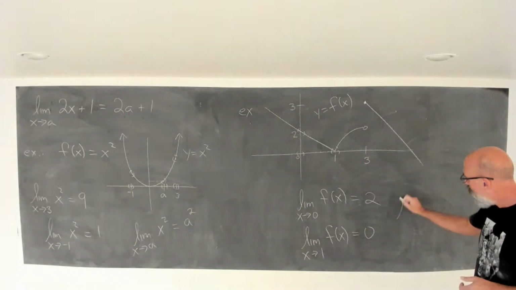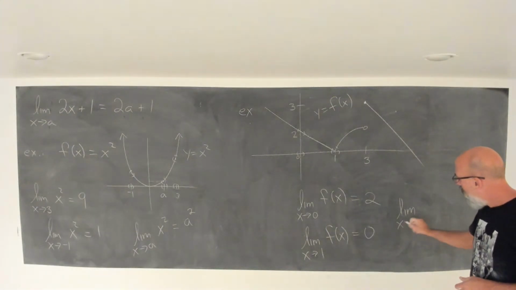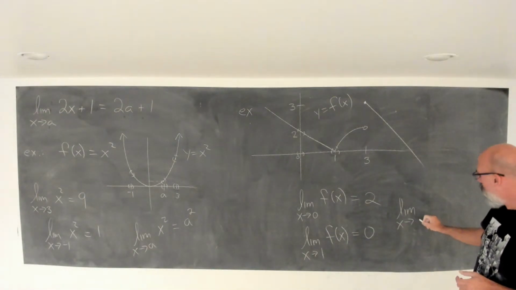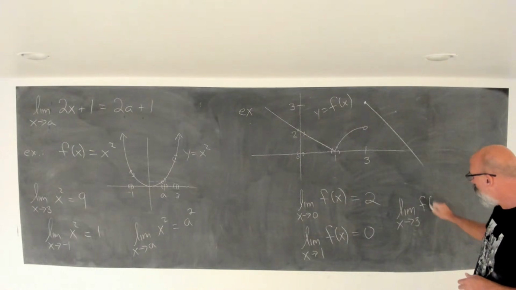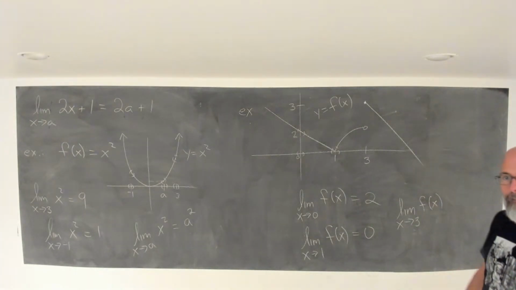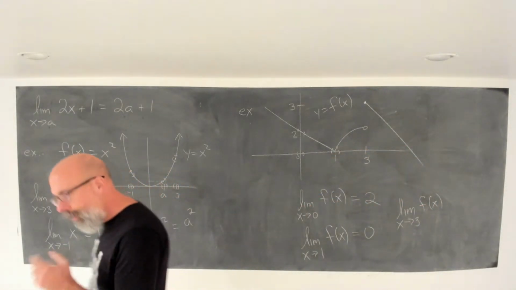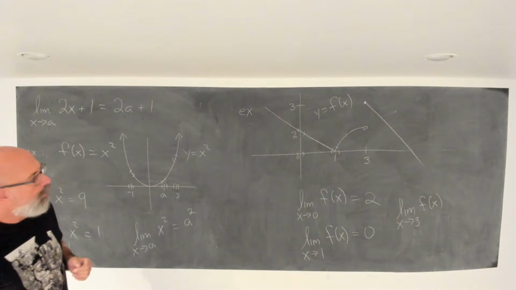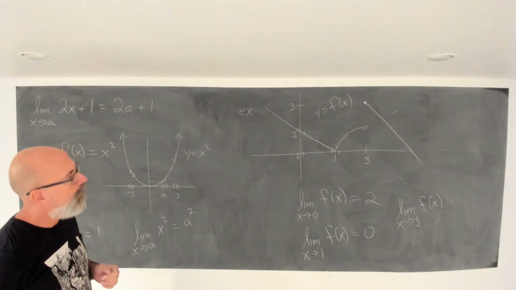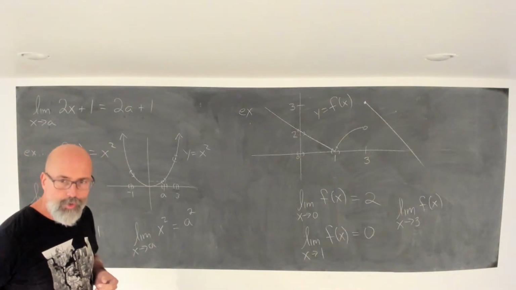What about the behavior of the function as x gets closer and closer to 3? Can we describe what happens as x gets closer and closer to 3?